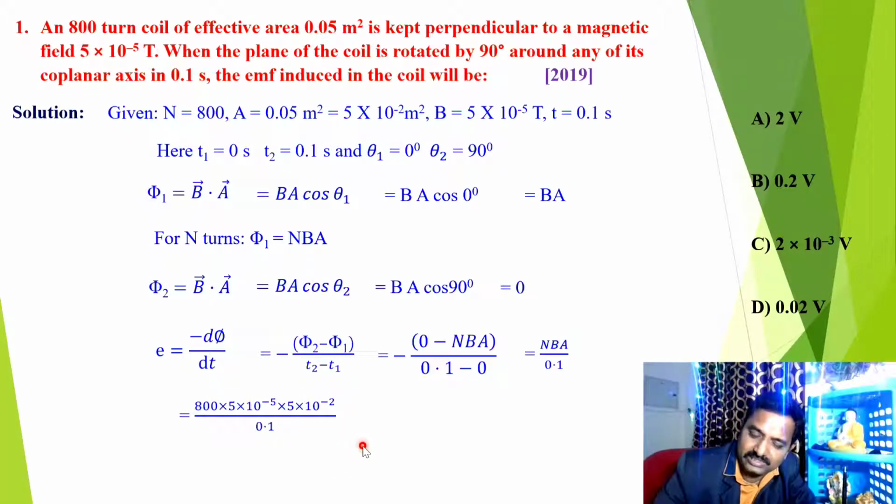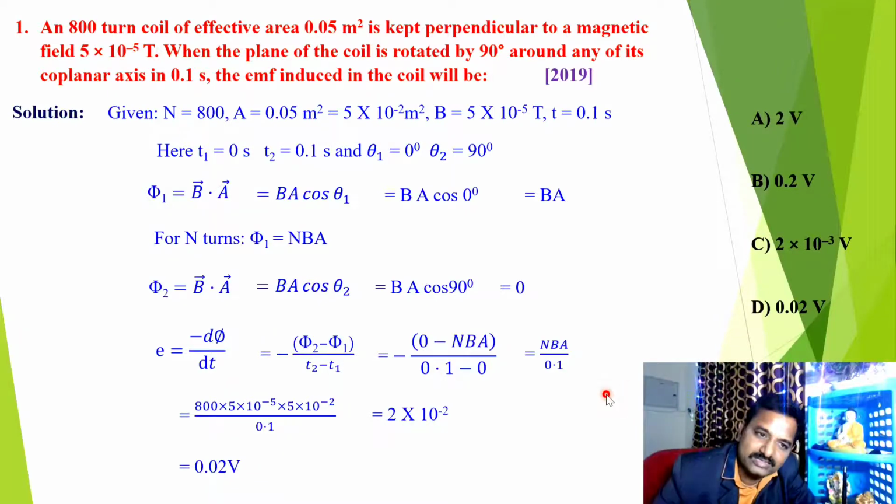If I simplify this, I will get 2 into 10 power minus 2, that is 2 by 100, which means 0.02 volt. See, we got the EMF, that is 0.02 volt. So if you observe the options, option D is the answer.